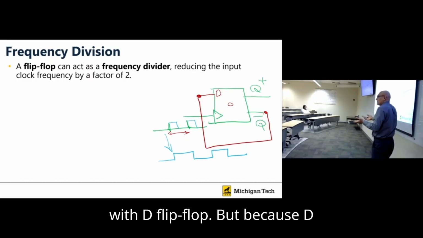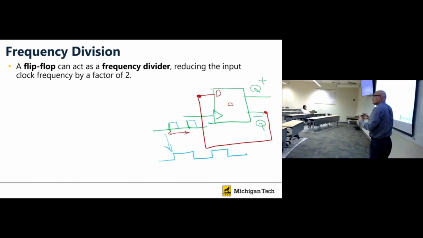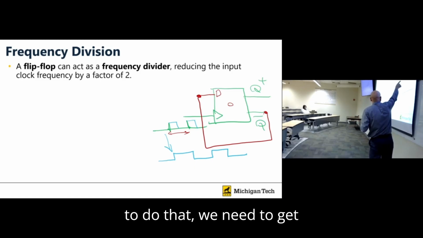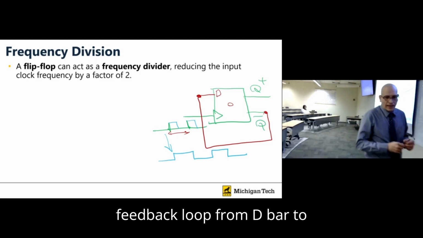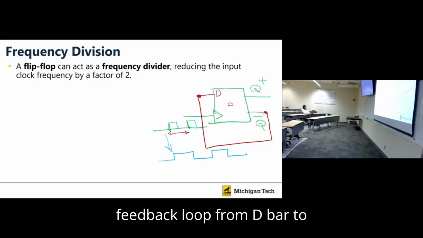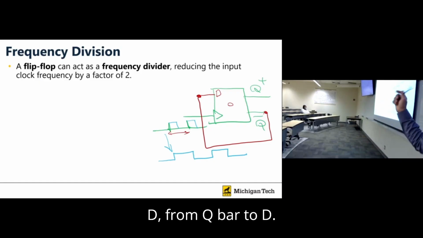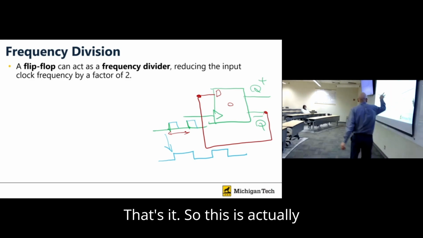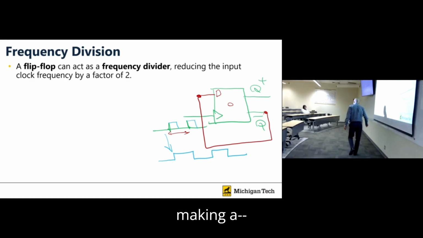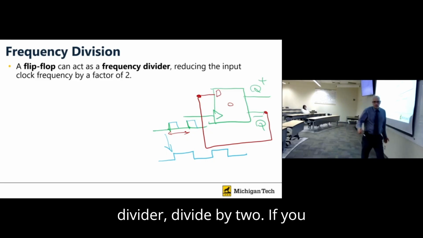But because a D flip-flop does not toggle by itself, to do that we need a feedback loop from Q bar to D. That's it. This is actually making a divider, divide by 2.